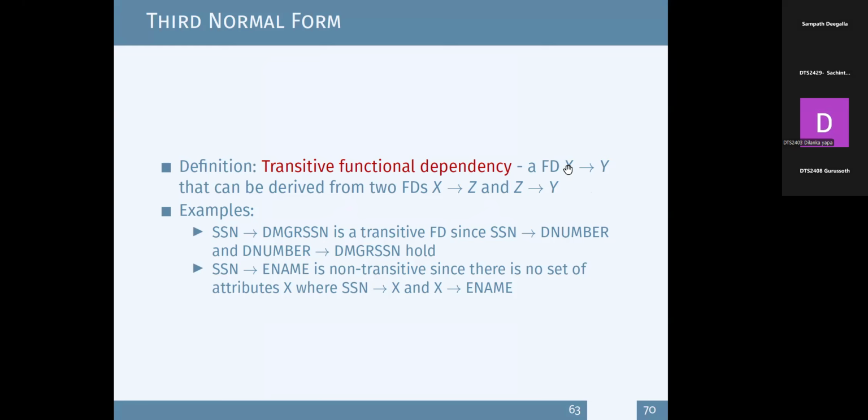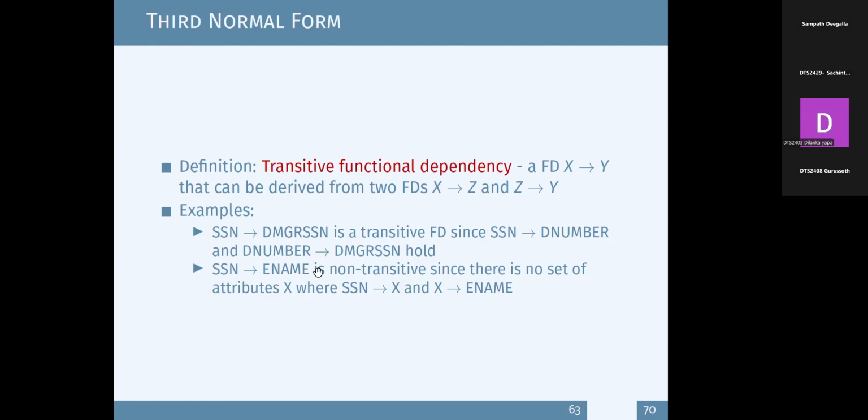If you have a functional dependency, let's say X arrow Y, which means Y can be functionally determined by X. But if you can find another attribute, let's say Z, and using X you can functionally determine Z, and then using Z you can functionally determine Y, then we normally call this a transitive dependency.